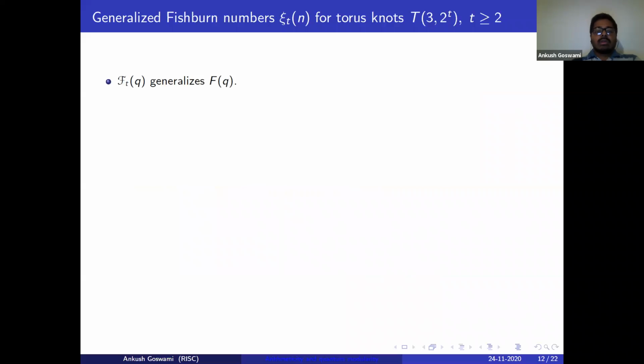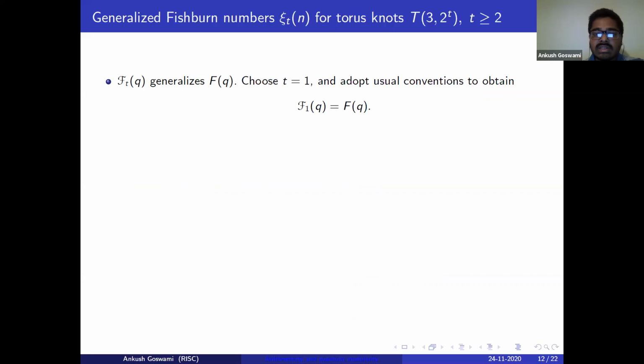An important thing to see here is that the function F_t(q) generalizes F(q) in the sense that if you choose t equals 1 and adopt the usual conventions of empty sums and products, then you can easily see that F_1(q) is equal to F(q), where F(q) is the original Kontsevich-Zagier series that we saw earlier.